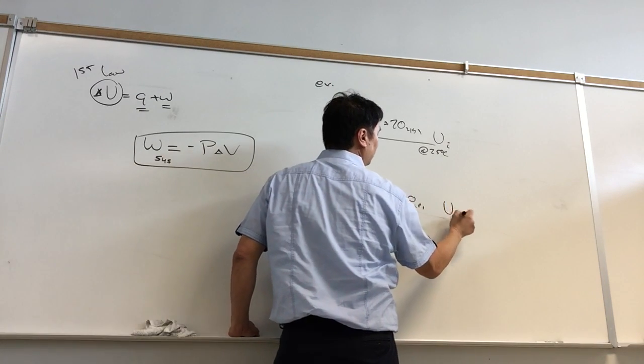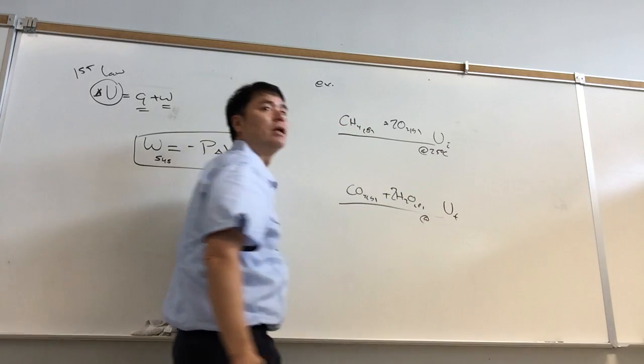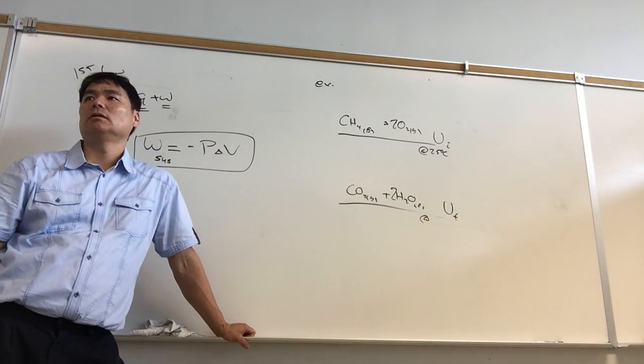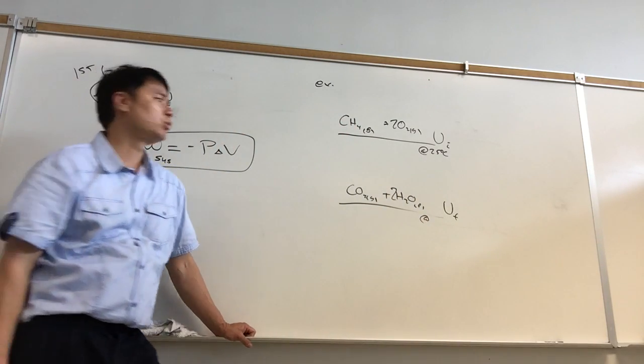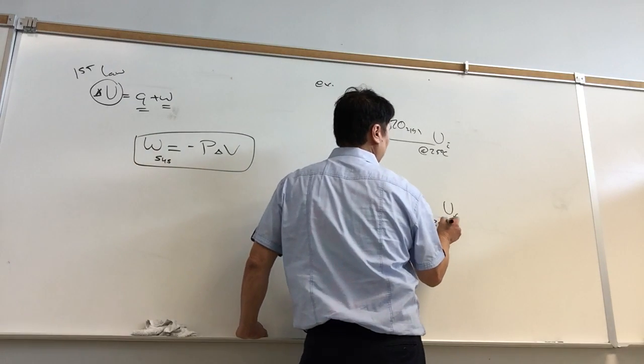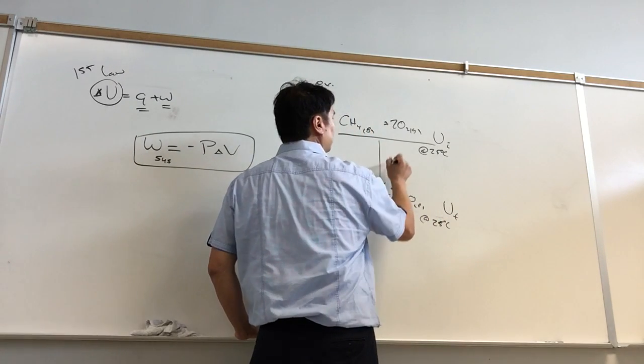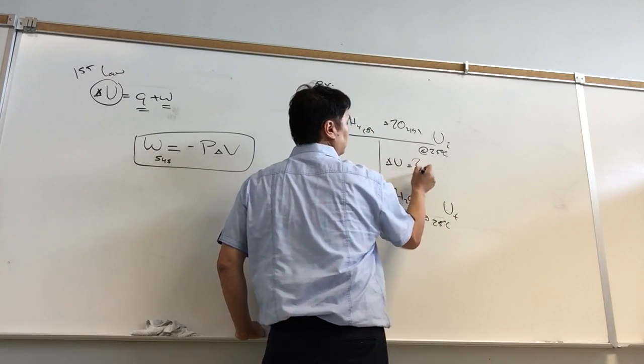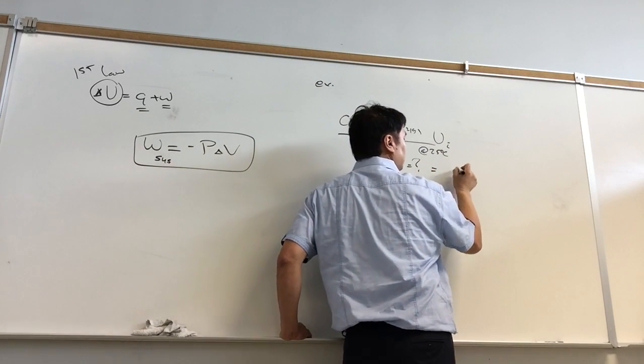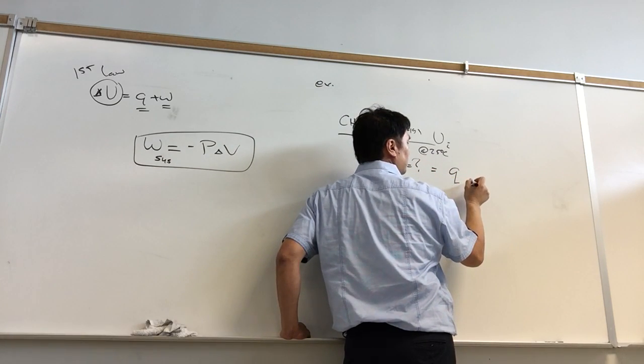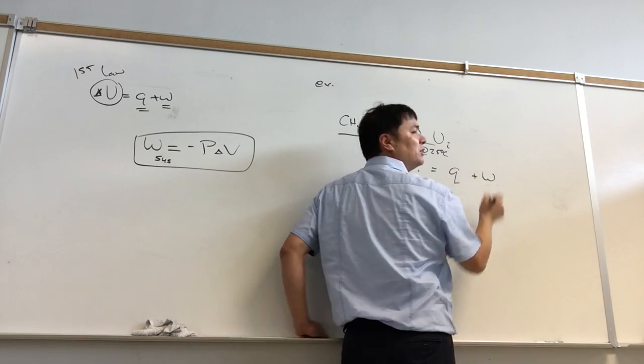This is my U final. This is at 25 degrees C. I want to figure out what my delta U is. Well, I can figure out what my delta U is by figuring out what Q is and what W is.